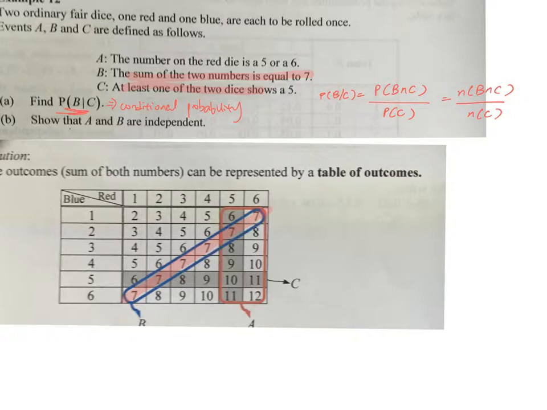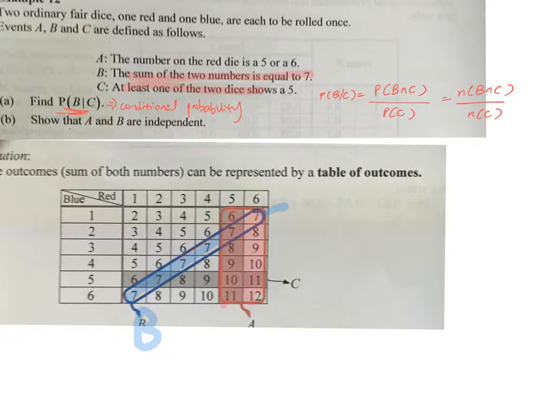That will be my B. And if I want at least one of the two dice to show a 5, that's basically all over here.